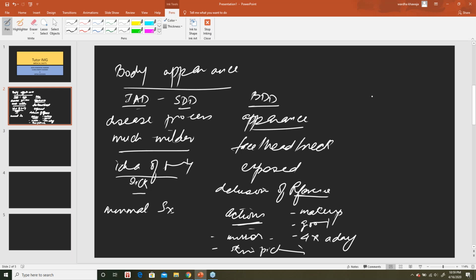Now, the other psychiatric condition that's obsessed with body appearance is eating disorder. In eating disorders, we have some very overlapping features with body dysmorphic disorder, where patients might have excessive exercise, right?